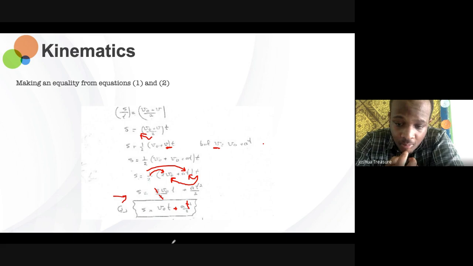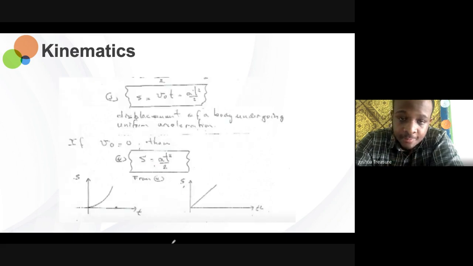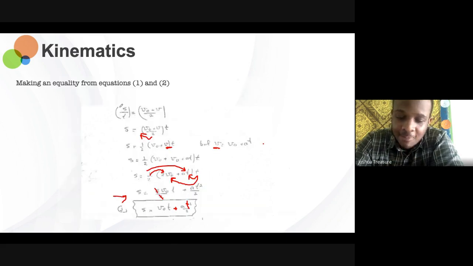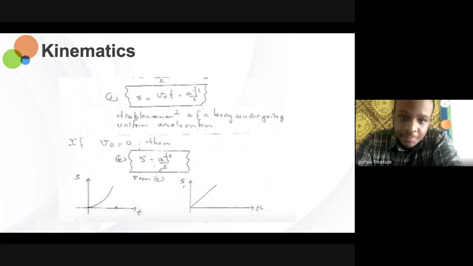No, sir. Okay. Good. All right, so we just basically bring over this equation again. S equal V0t plus AT squared over 2. Now, this is the displacement of a body undergoing uniform acceleration, right?